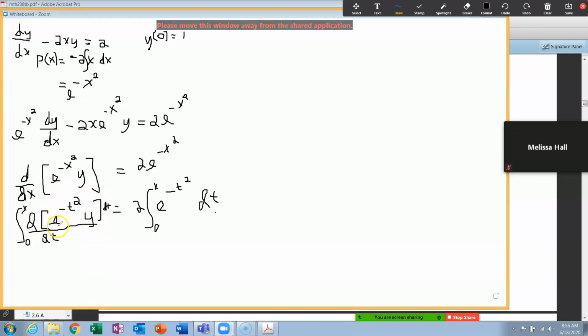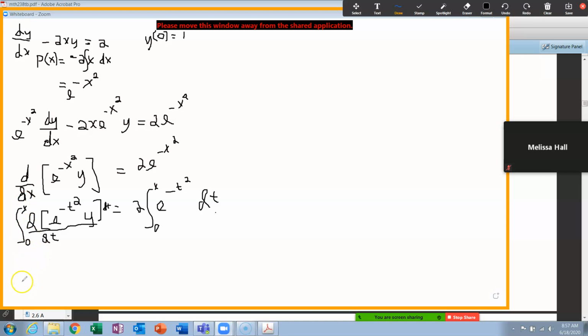This is what's going to come out of it. And you evaluate that first when t is equal to x. And then you evaluate it, subtract off when t is equal to 0. Okay? So that's what we're going to do next. That will be evaluating this integral. This is an integral of a perfect derivative. So it's just this argument evaluated between these two limits.